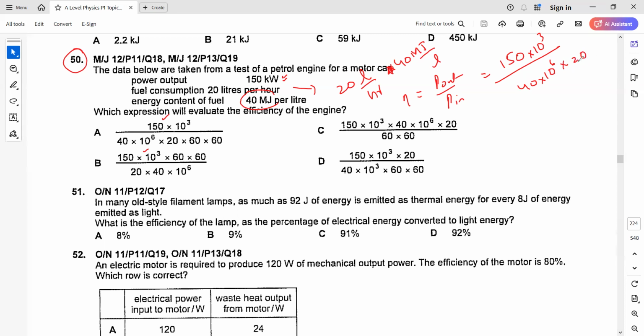In order to convert it into seconds, I need to divide by 3600. So either I divide this by 3600 or multiply that with 3600, it's the same thing. Basically, this is going to be 150 times 10 to the power 3. It doesn't have 60, so it looks like this is going to be B.